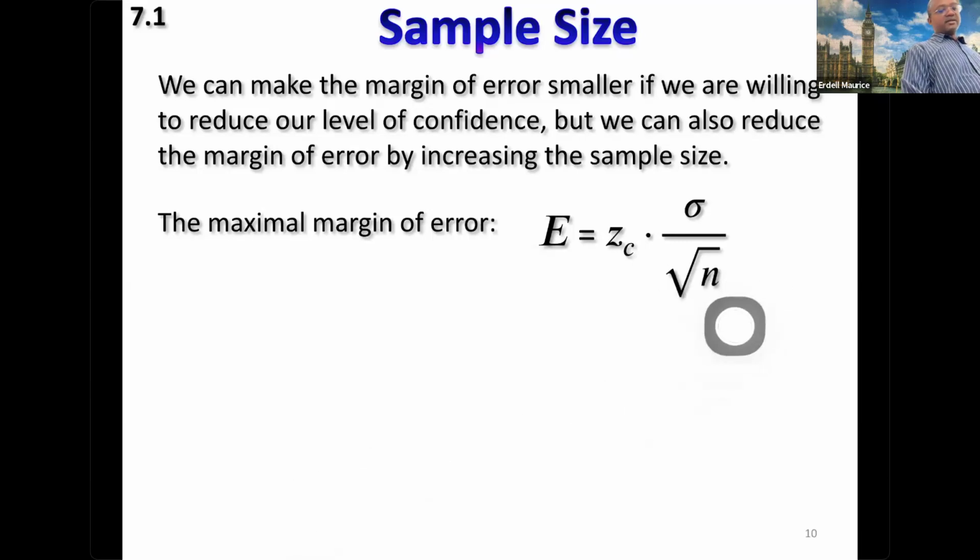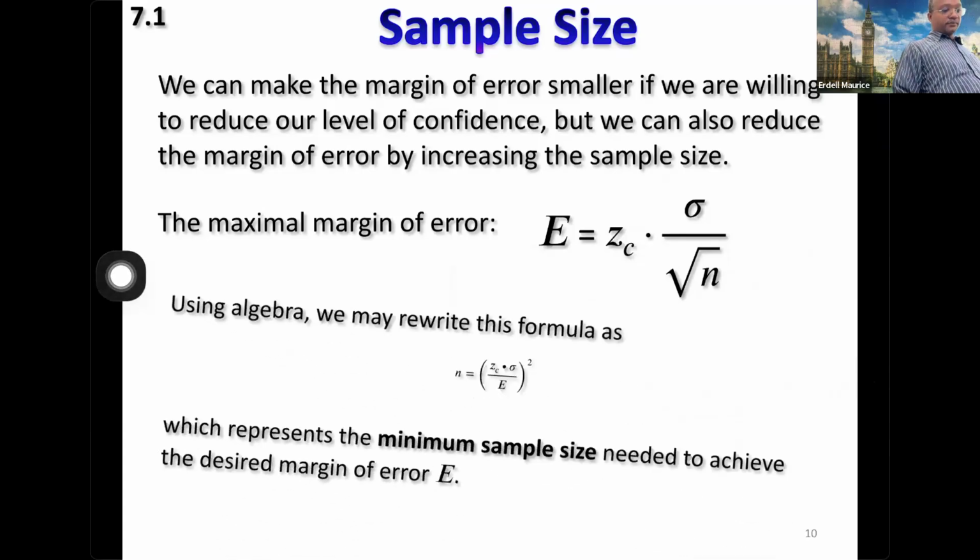So as n gets bigger, this whole thing will get smaller. Instead of dividing by 10, if I divide by 100, if I divide by 1,000, it's going to become a smaller number. And so the more data you have, the more information you have, the smaller your error is going to be.